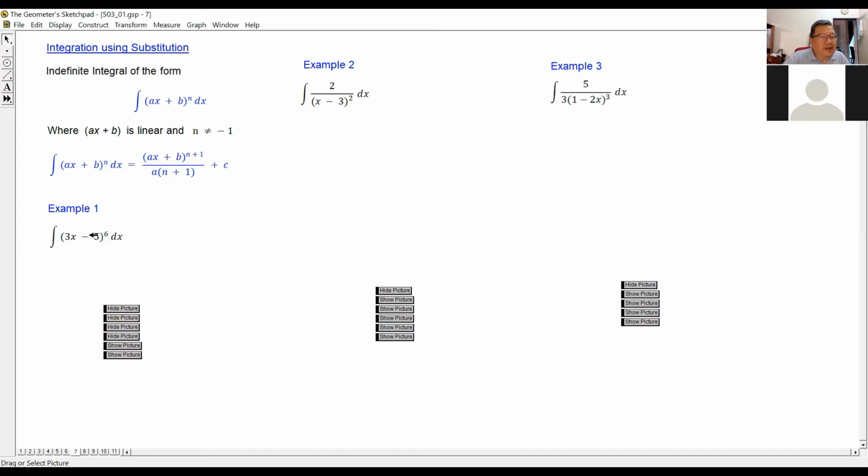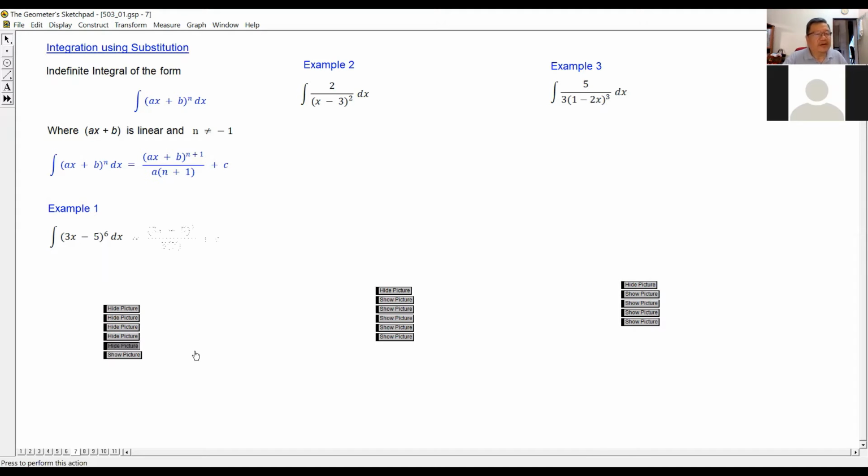The first step, according to this formula, is to increase the index by 1. It becomes 7, so you have to divide by 7. But you have to also divide by the number in front of x, that is 3.